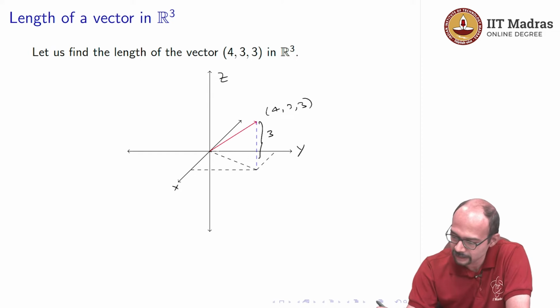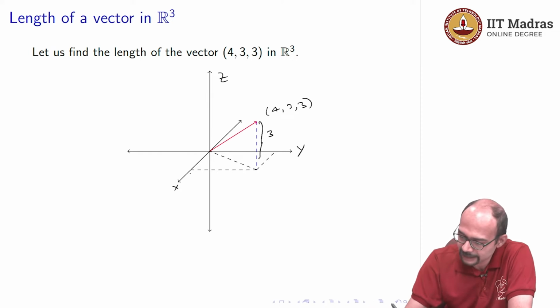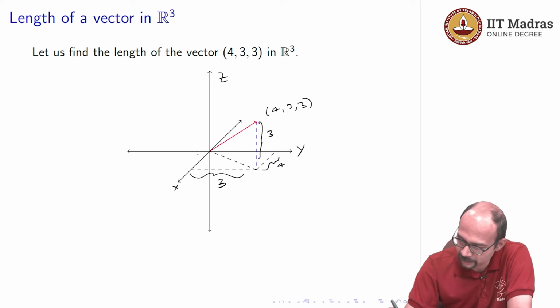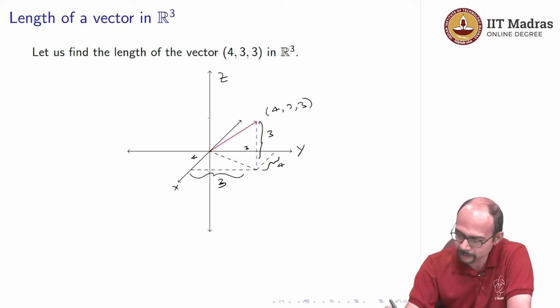This is exactly the length of y, which is again 3, and this is 4, because this is parallel to this, which is 4, this is parallel to this, which is 3, and this is parallel to this, which is 3.